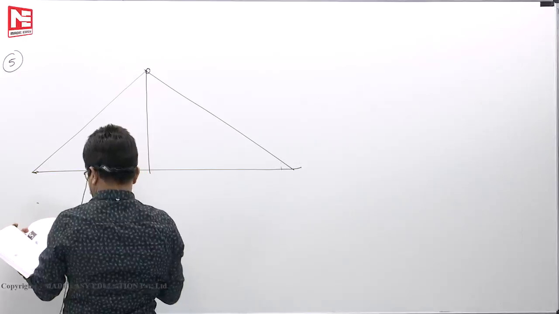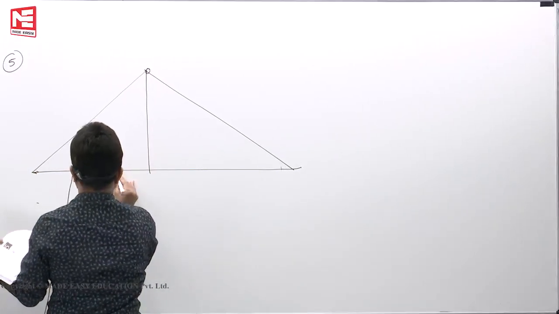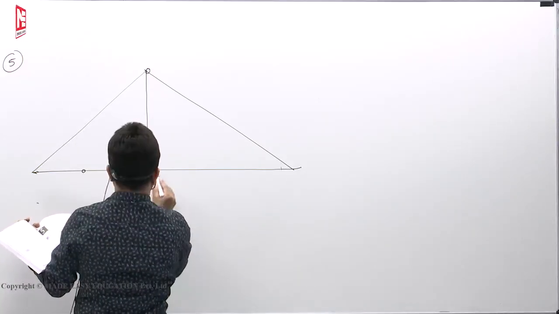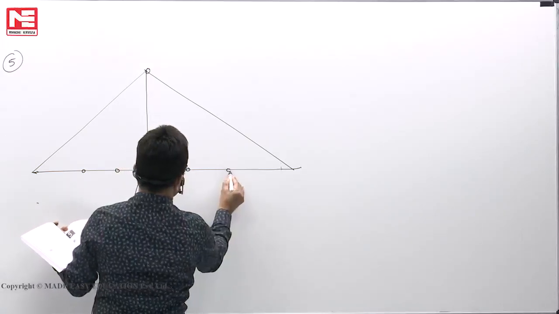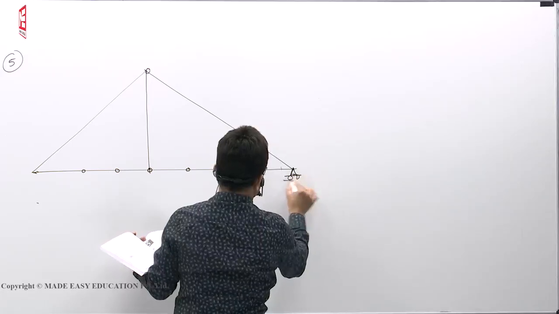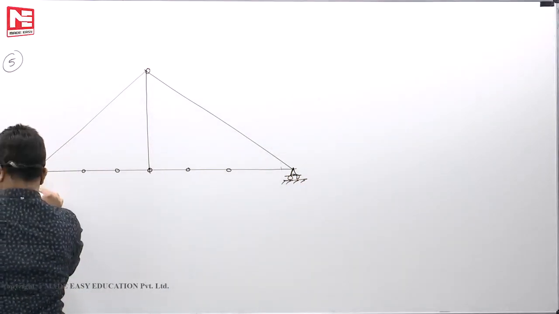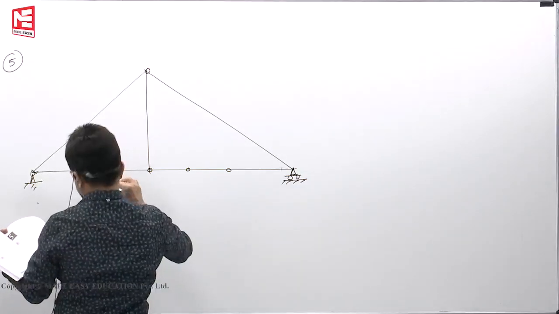Now 1, 2 hinges here. This is third one. Then here also 2 hinges. Okay, this is roller. This is hinge. Then here we have inclined members.